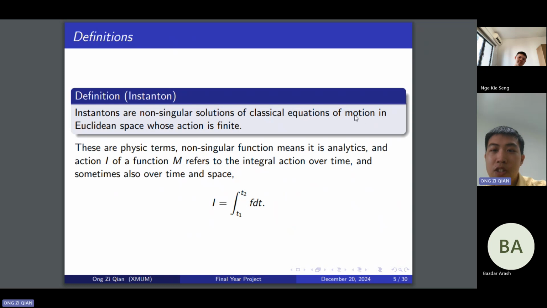Then the equation of motion is the equation I just mentioned. And the action is finite. The action in physics means we integrate over the time, and the integration should be finite.